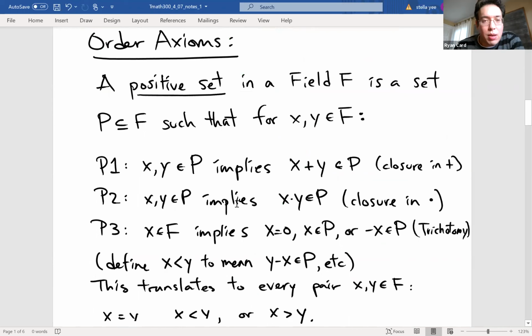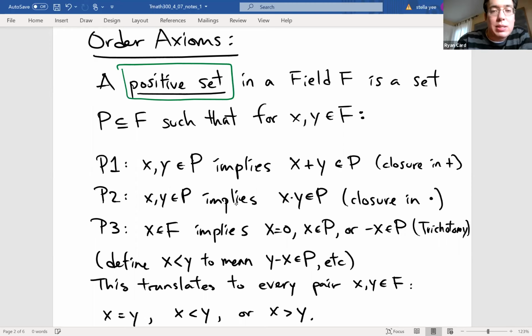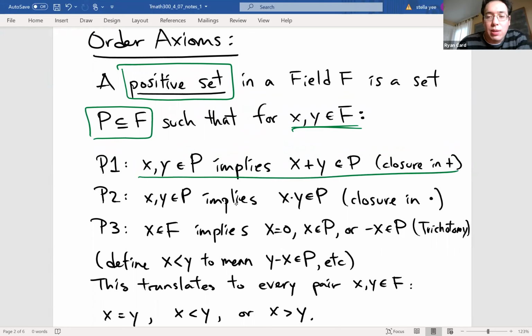All right. So there's multiple ways to go about this, but the way the book is presenting order axioms is to define what's called a positive set. That's exactly what you think it means. So inside of the field, you have to identify what's called a positive subset, I'm going to call it P, such that for any 2 elements in the field, the first rule is closure under addition.